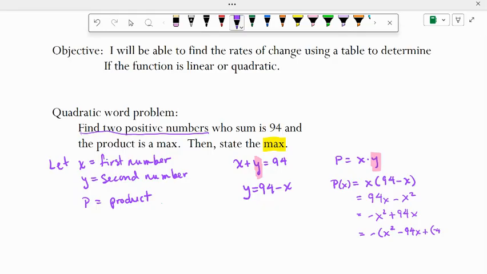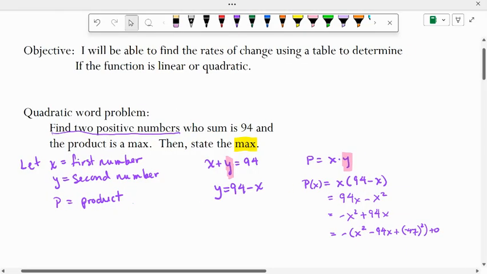And I added a negative 47 squared, so I am going to add a positive negative 47 squared.